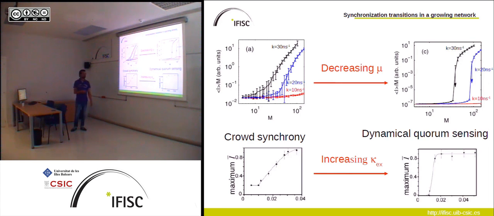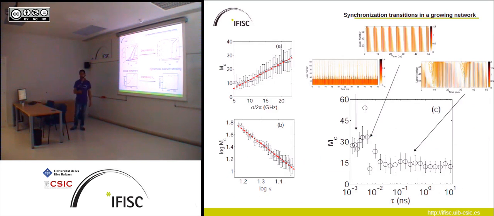Remember that those systems didn't have delay, so delay here is a new element in this type of transitions. So what we saw, first of all, is as was expected.